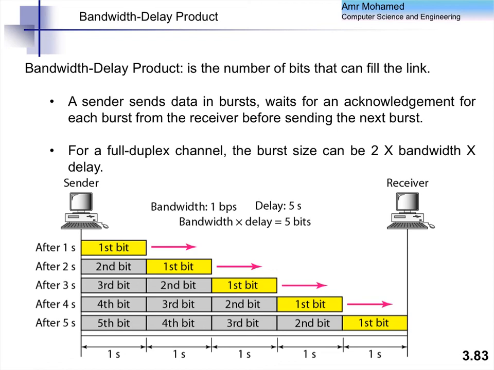So what does this represent practically? This represents practically the fact that you have a specific number of bits that will stay on the line all the time. And if this number of bits is really high, this means that the utilization of your transmission line is high.